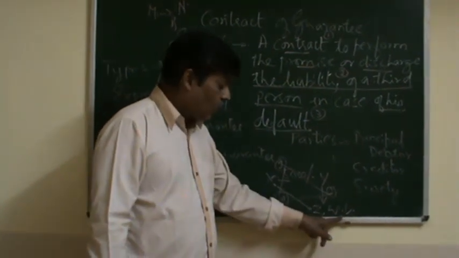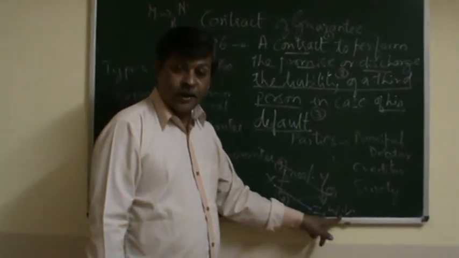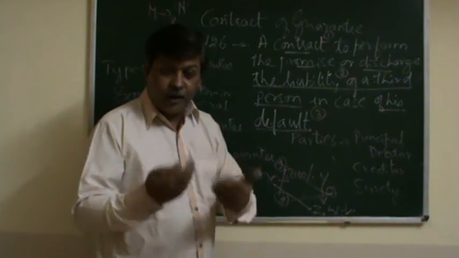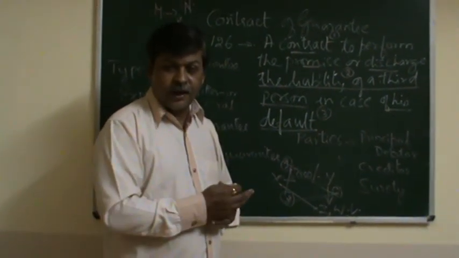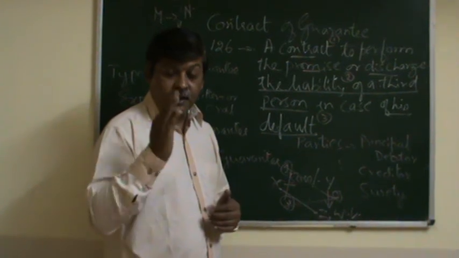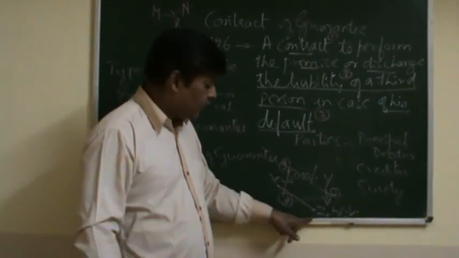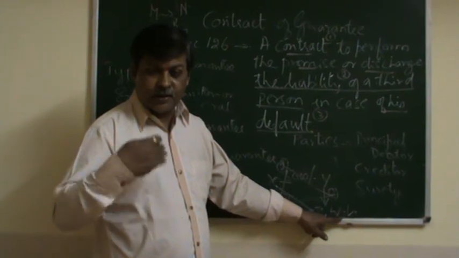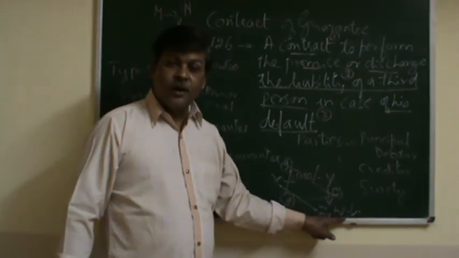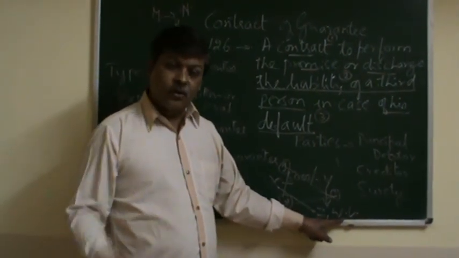So these are all called co-sureties. If there is more than one surety in a transaction who have assured the transaction, they are called co-sureties. This is the word used, co-sureties.